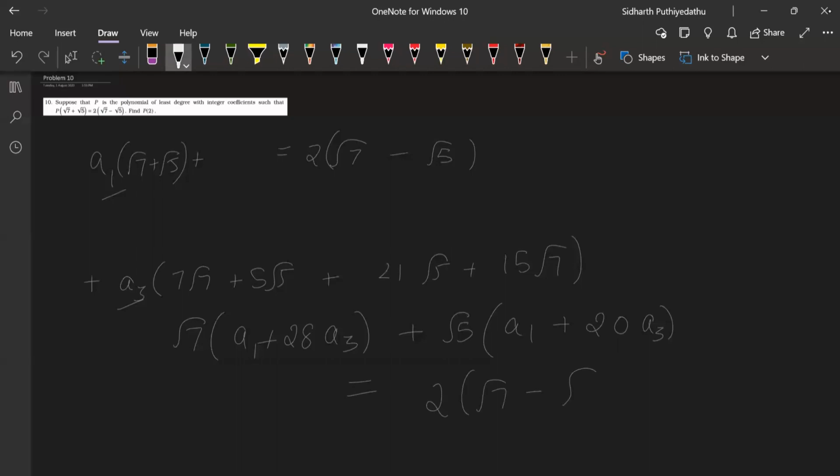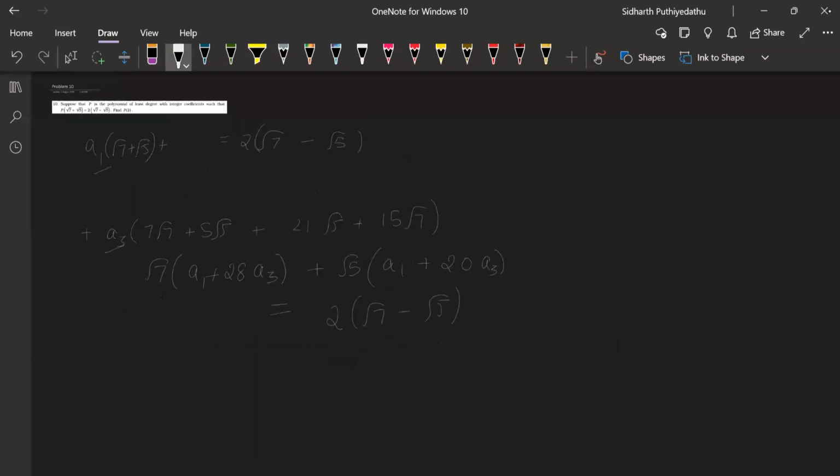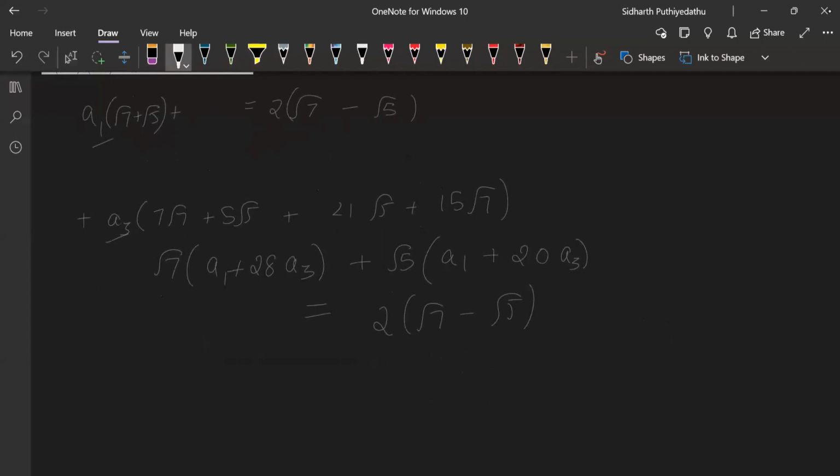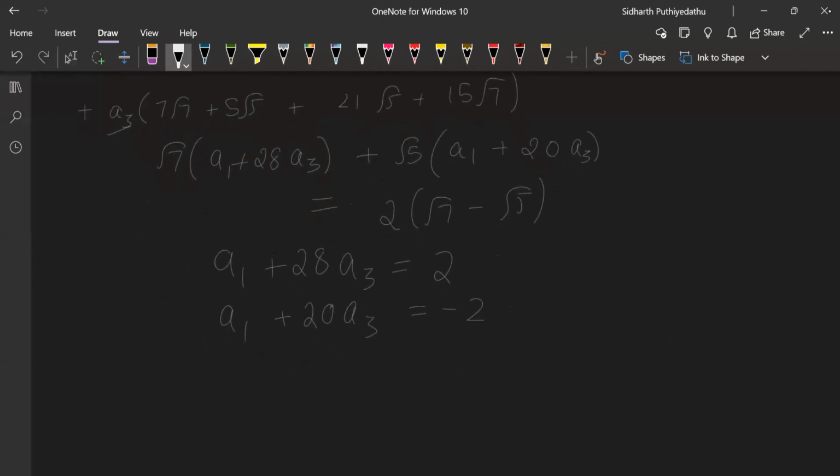So we just need to solve for this now, 2 √7 minus √5. So we get two equations. We get A1 plus 28 A3 is equal to 2, and A1 plus 20 A3 is equal to negative 2. So subtract them. 8 A3 is equal to 4.